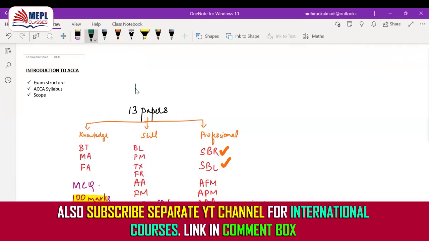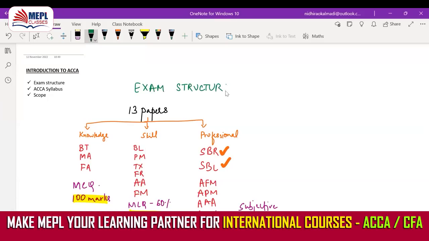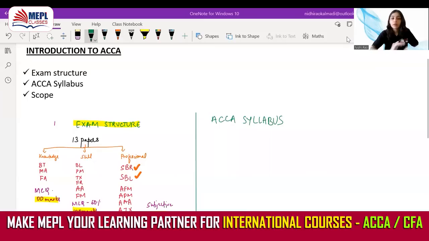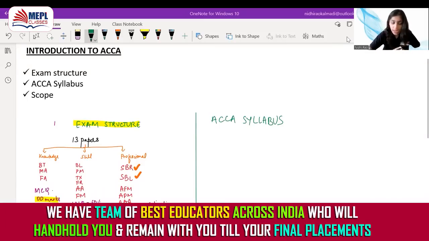So we spoke about the exam structure. Now let's move on to ACCA syllabus. In ACCA syllabus, I've already discussed about the different levels, that is knowledge, skills, and professional.